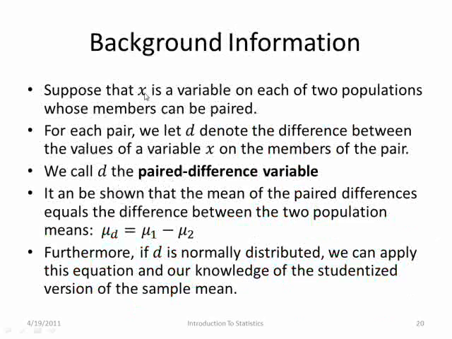All right, so suppose that X is a variable on each of the two populations whose members can be paired. Basically, the idea is that you have a dependency, so the subject is in both populations, if you will. The before and the after, pre, post, or whatever.